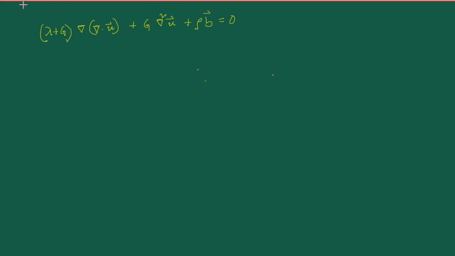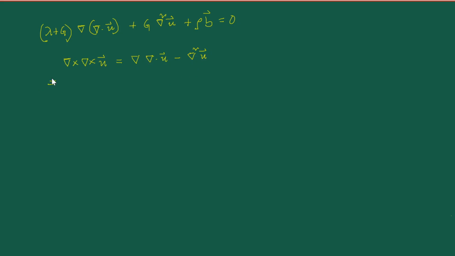Now note that I have this del square u vector here. By using the same vector identity that I used on the previous page, this time written in terms of the u vector, I have the curl of curl of u equal to the gradient of the divergence of u minus the divergence of the gradient of u, which is basically the Laplacian of u.